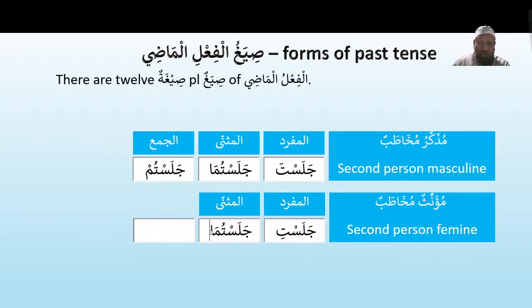This is the ta'ul fa'il, and the mim alif is for muthanna. Then we have a jama. What do we add for jama? Tum, jalastum.